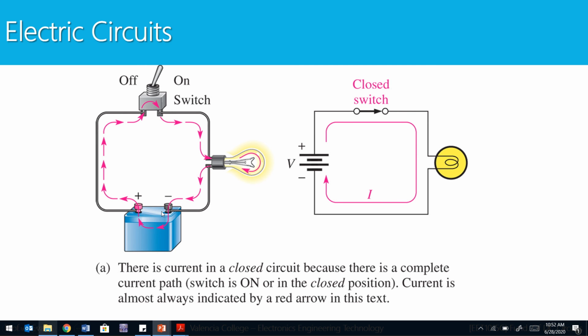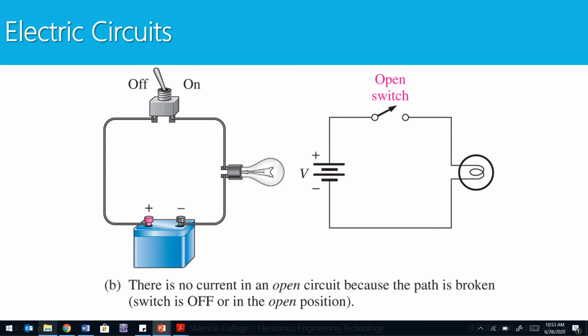That's a closed path. And we see that the switch is on or in the closed position, and current can flow completely around the circuit. If the switch is in the off position, or if the switch is open, we now consider this an open circuit. There's no current flowing in the circuit because there's not a closed path.